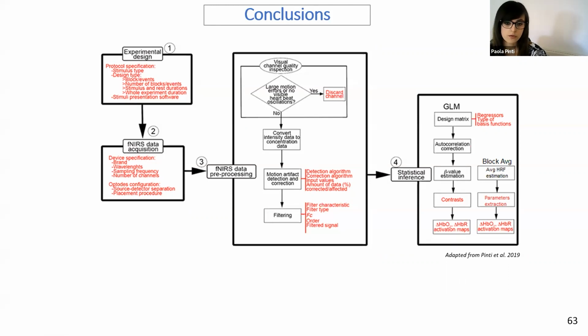Of course, this flowchart might not be exhaustive and is only a starting point, but we hope it could guide fNIRS users through all the main stages of a neuroscience experiment with fNIRS. We also hope that within the next few years, we will keep moving towards a standardization of all these procedures.